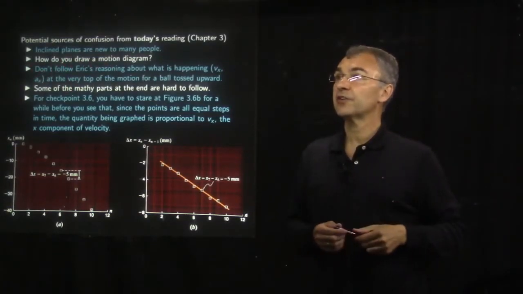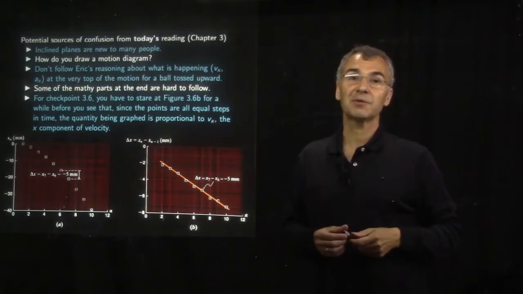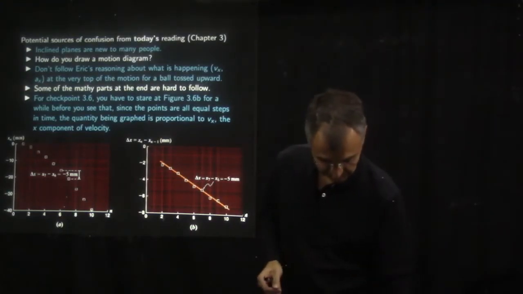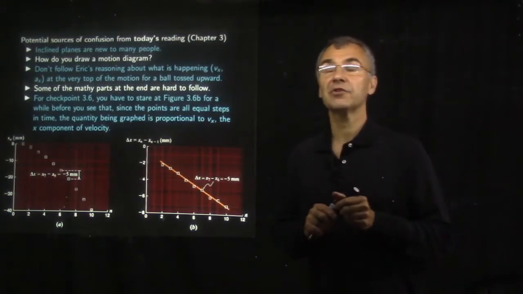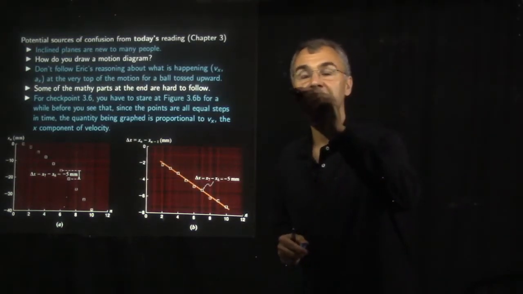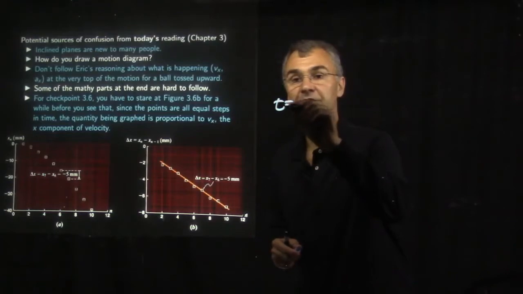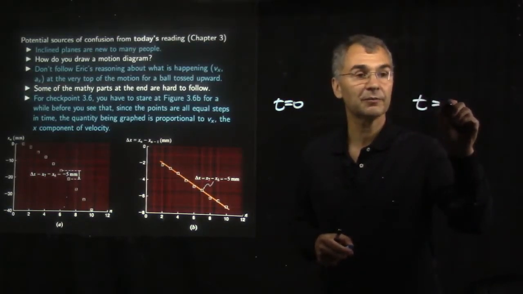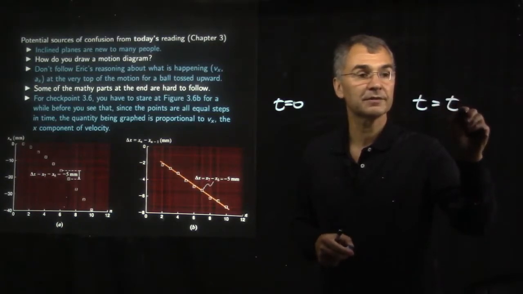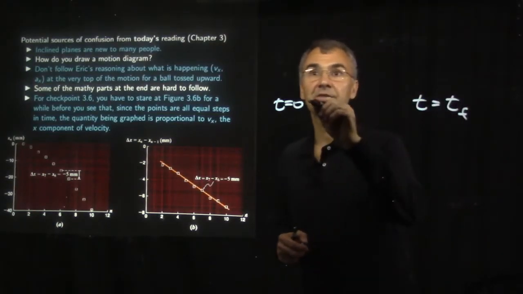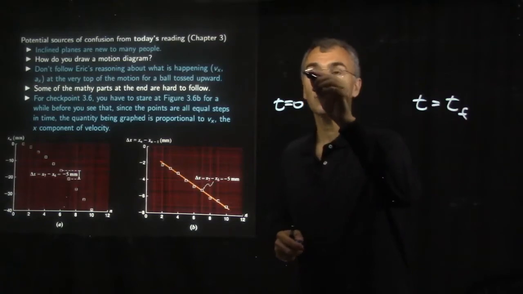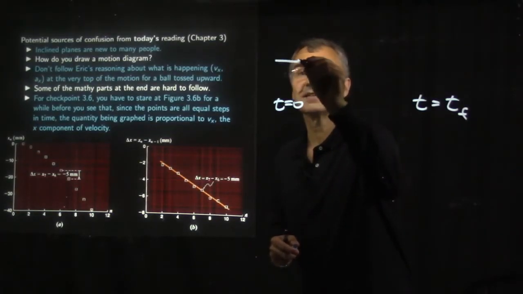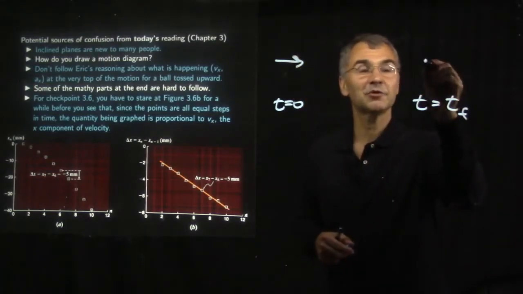Okay, there's this thing called a motion diagram that will appear in Chapter 3. I actually don't draw motion diagrams, but sometimes you can say, well, here's t equals 0, and here's t equals whatever, some later time. And you might say, well, initially I'm moving, and then I'm not moving.